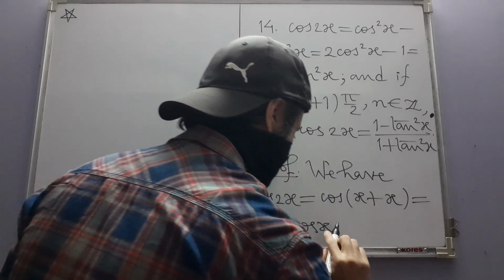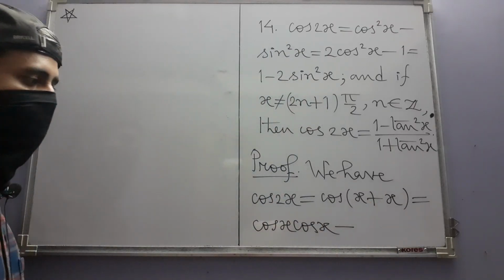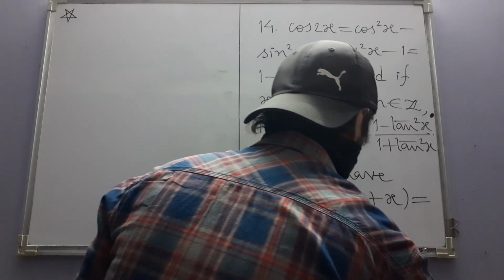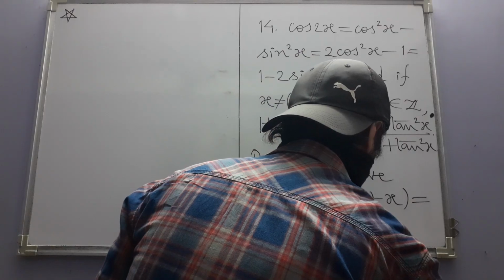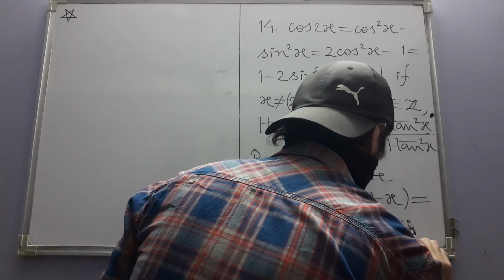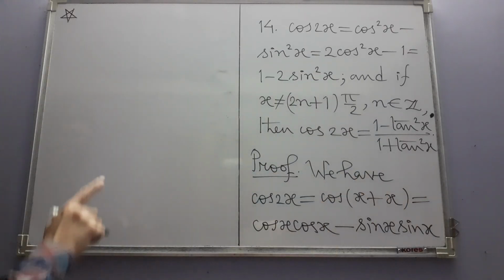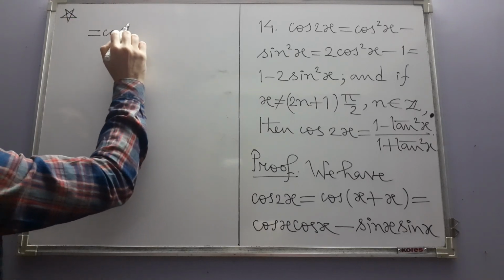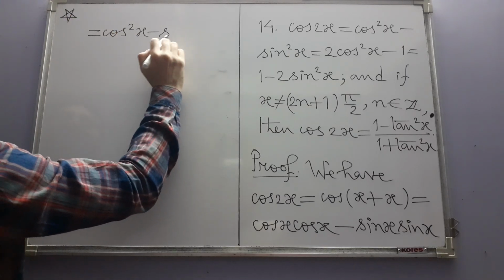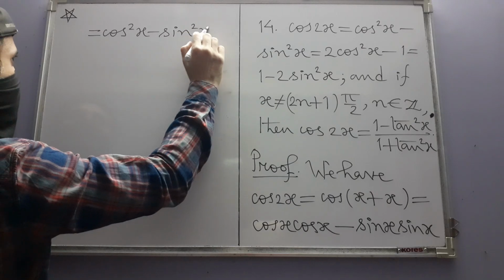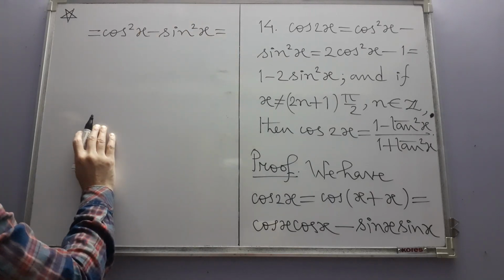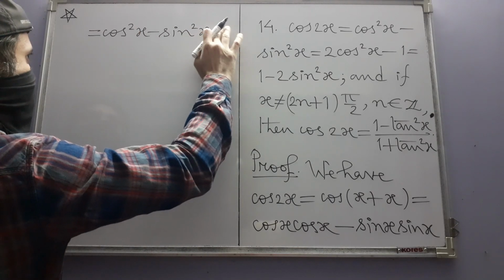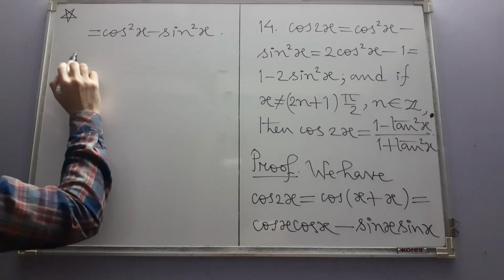You have plus here, so it will change to minus, and then sin x, sin x. And that's how you get cos square x minus sin square x. Let me just end it here itself.